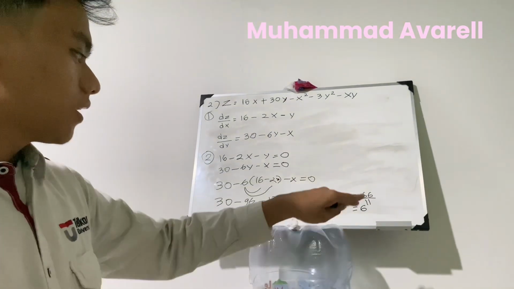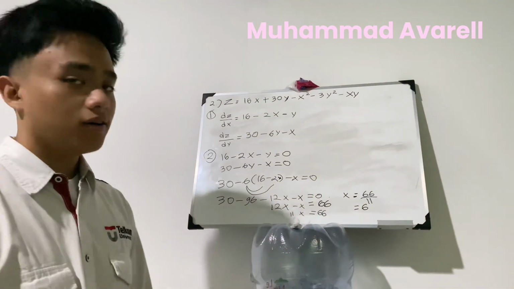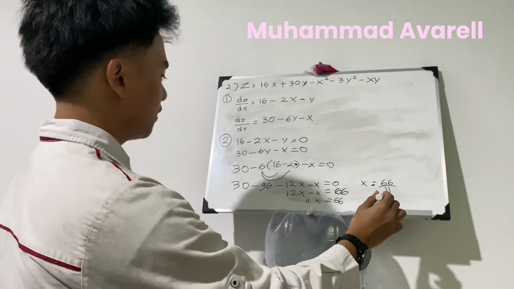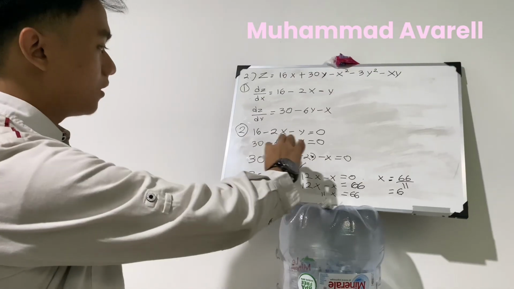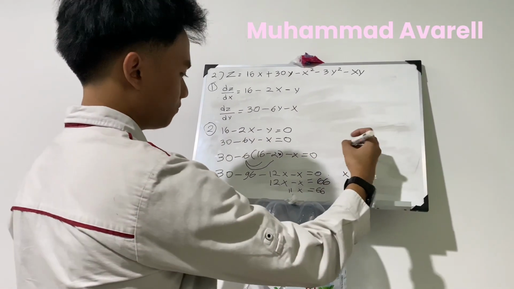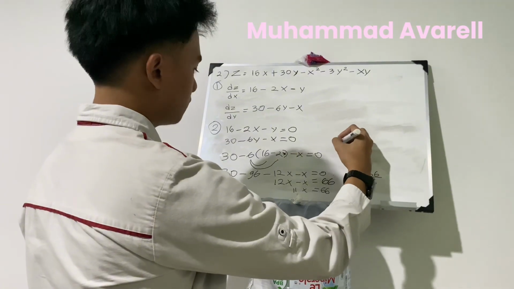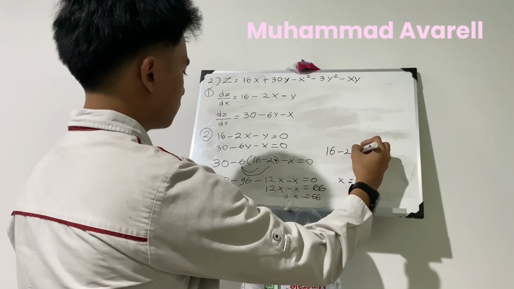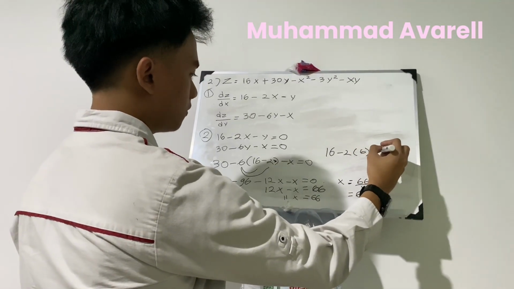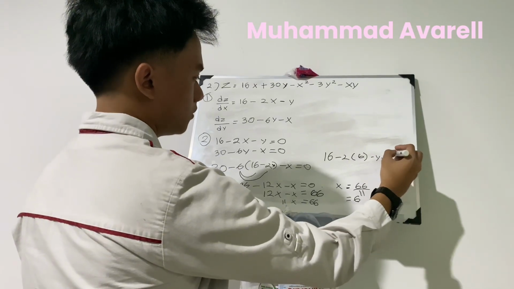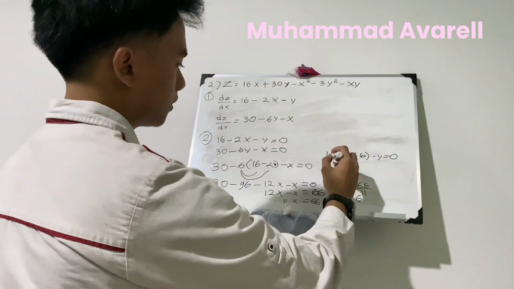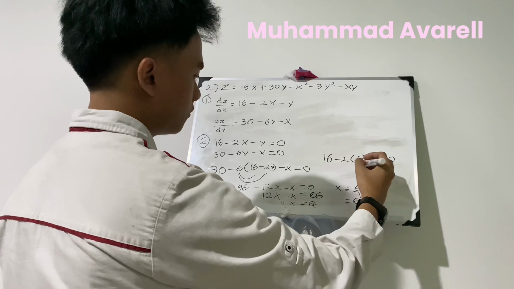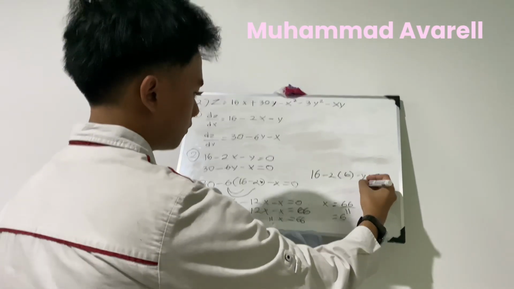So the x is 6, and we must find y. How? We must put the 6 in the first equation like this. 16 minus 2 times 6 minus y equals 0. 16 minus 12, which means y is 4.